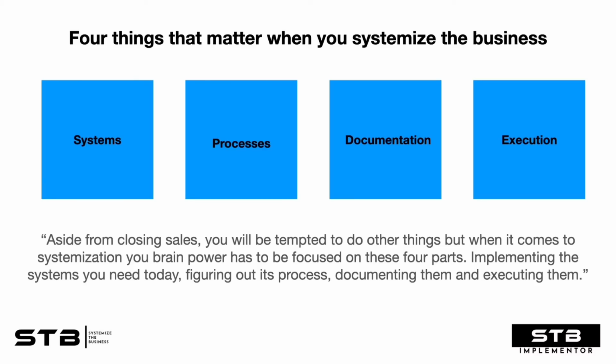And so just the last thing I want to go over are the 4 things that matter when you systemize the business. Again, I want to continue to tell you that you're part of the 10% of companies right now that are truly trying to figure out how to run their business with systems, because 80 to 90% of businesses don't have systems in place, and most companies that launch don't have systems in place in a clear way.